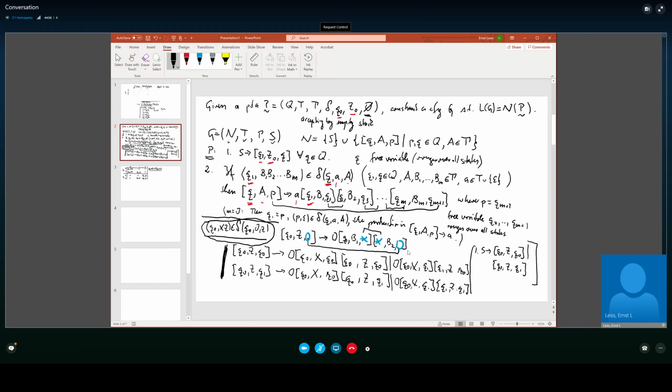And the 4 is because the M is 2, and the number of states is 2, so we get 2 to the power of 2, which is 4 productions from that.